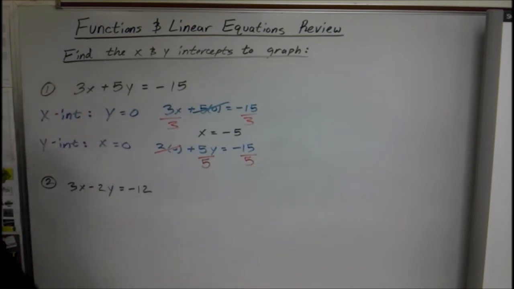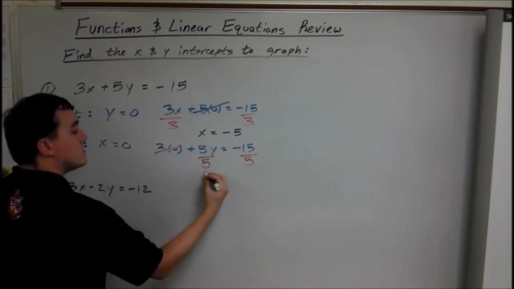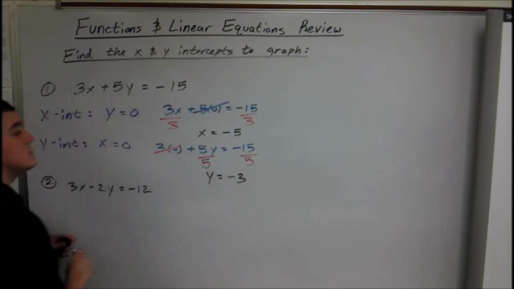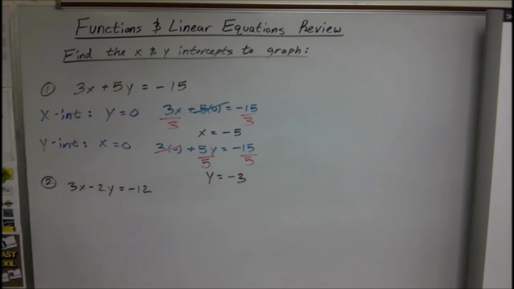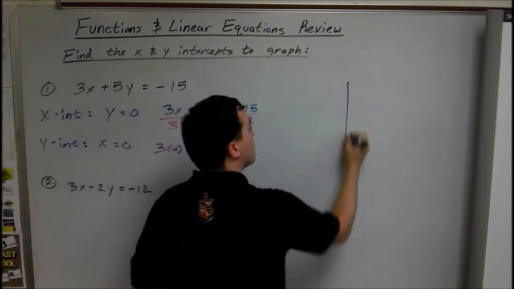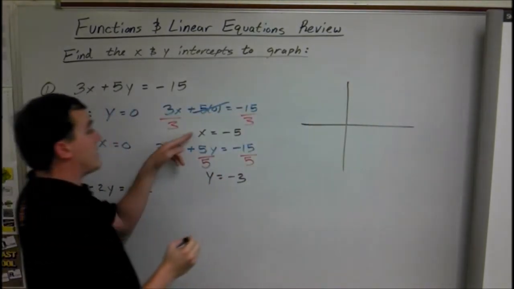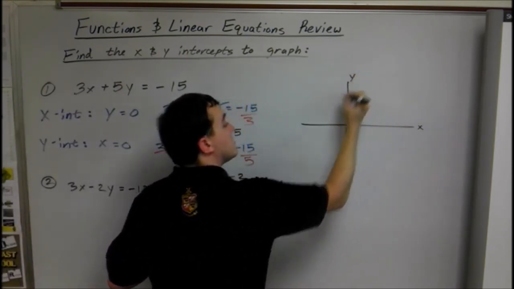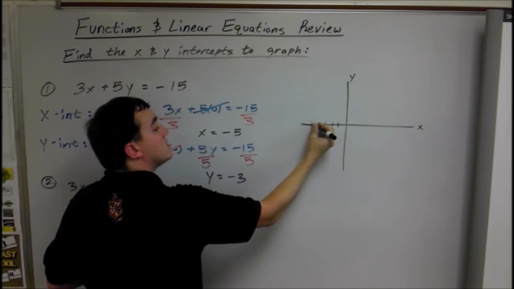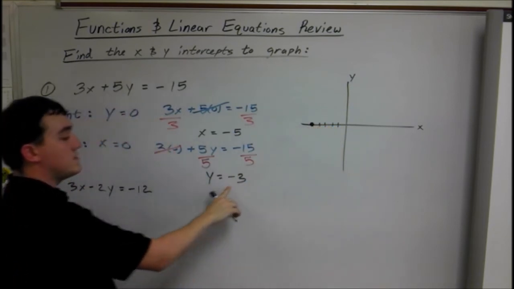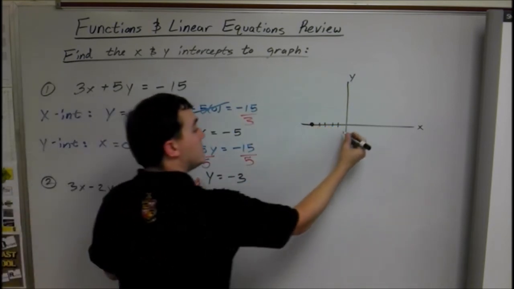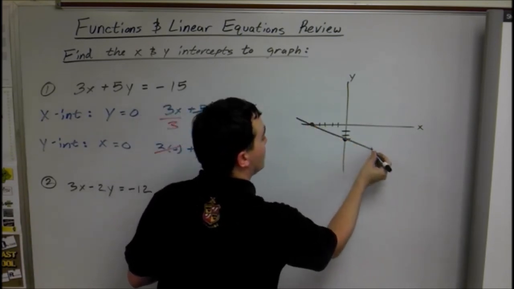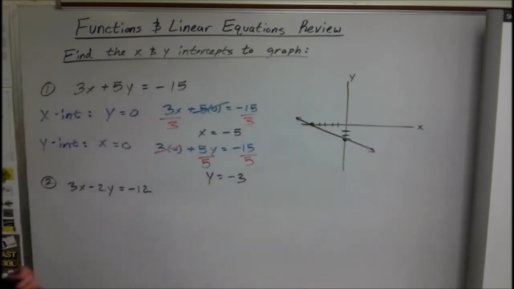So our y-intercept is negative 3. And now we just plot those 2 points. X-intercept is negative 5, so it hits the x-axis at negative 5, and hits the y-axis at negative 3. So your line looks like that.